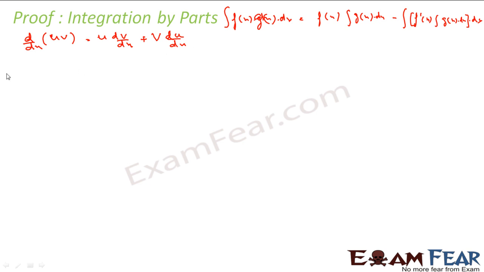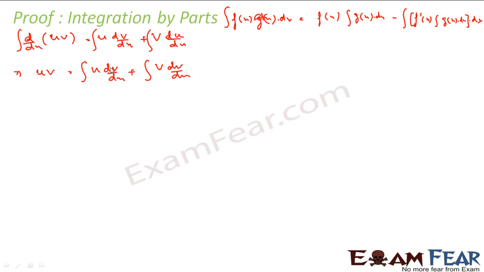Let's integrate both sides. Integration of derivative is the function itself, so uv is equal to integration of u dv by dx plus integration of v du by dx, correct?